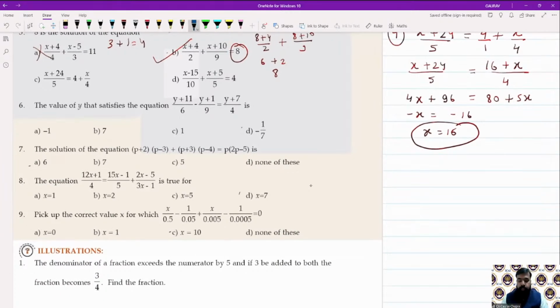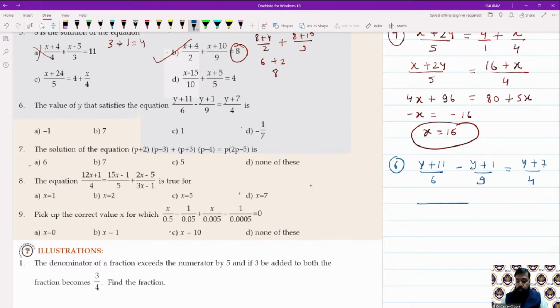So question number 6, (y plus 11) upon 6 minus (y plus 1) by 9 is equal to (y plus 7) upon 4. This is the question.